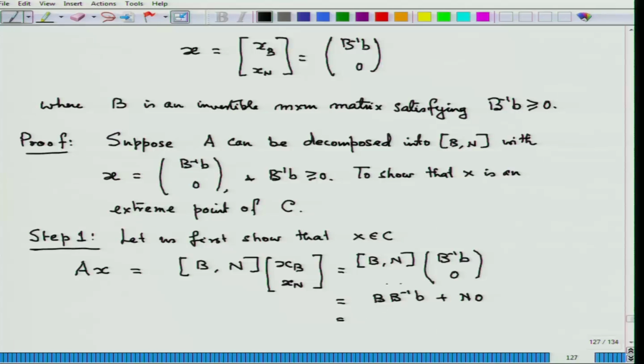That would be nothing but identity, because this is an invertible matrix, B into B inverse is identity. So, it is b. What I get is Ax equal to b, showing that x belongs to C.